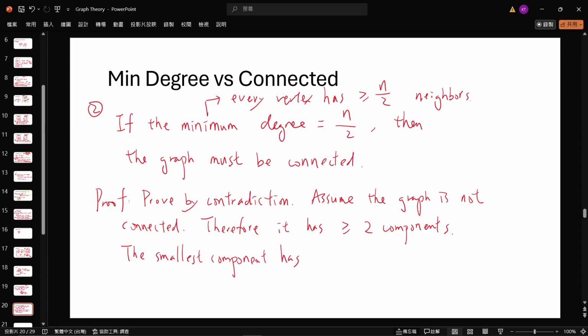So let's consider, the key idea is to consider the smallest component, just like what we did, okay? So if you have a component of size 2, another of size 4, then let's consider the smaller one, okay? So since we have multiple components, we just consider the smallest component, okay? Now what can you say about the size of the smallest component?